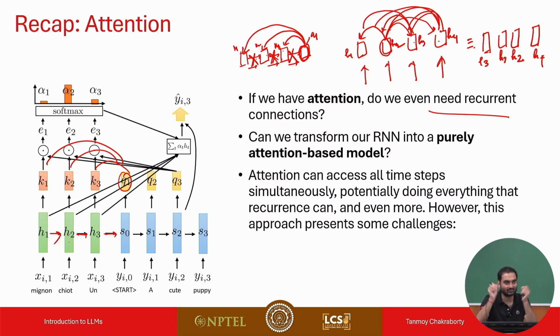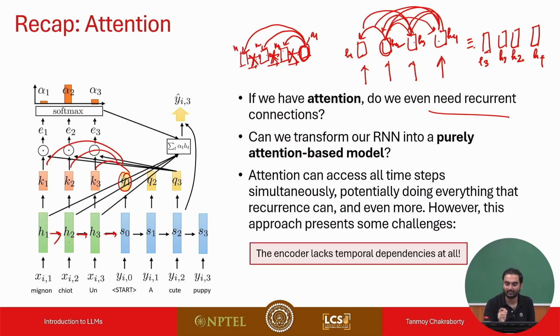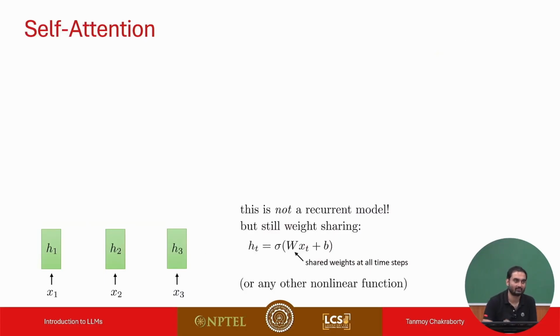If you shuffle the hidden states, you get the same output because there is no dependency between the hidden states. So it basically means that the temporal dependencies which are preserved in a recurrent neural network will not be preserved if we do self-attention, if we remove the recurrent connections. How do we address them? We'll discuss later. But before that, let's focus on the self-attention part.